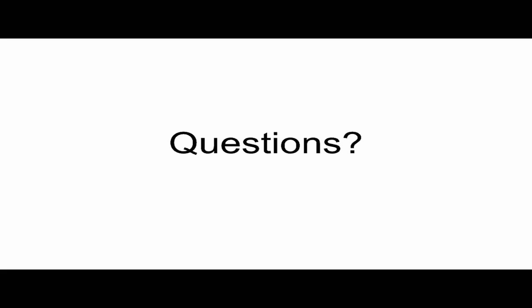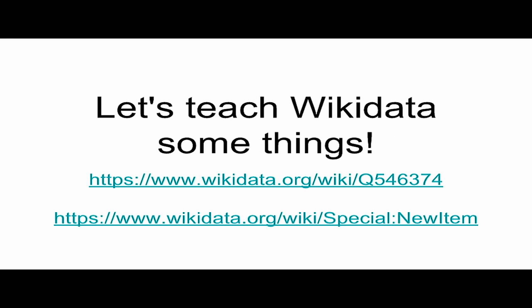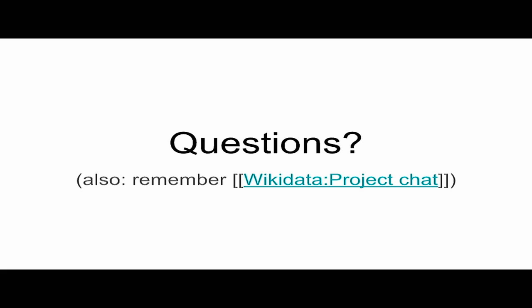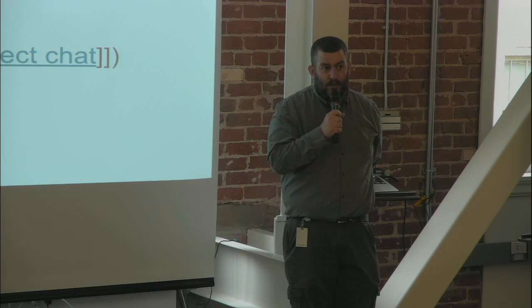But very importantly, I had this in the other question slide. Remember, Wikidata project chat. That's kind of the Wikidata equivalent of the Village Pump. It's the page on Wikidata where you can just show up and ask a question. In my experience, the Wikidata community is very nice, very welcoming, and very eager to help newer people integrate and learn how to do things.